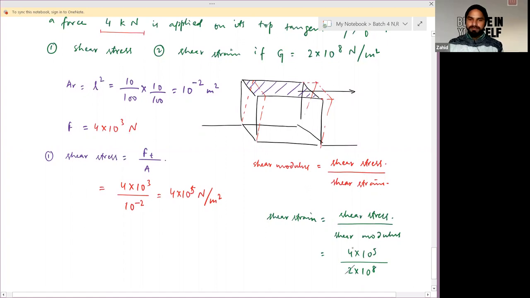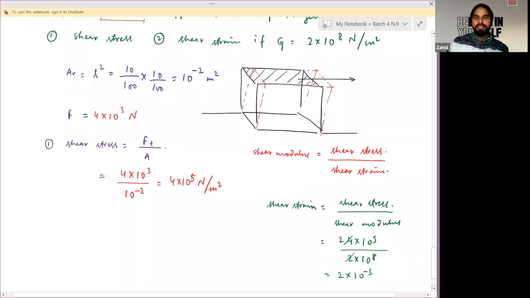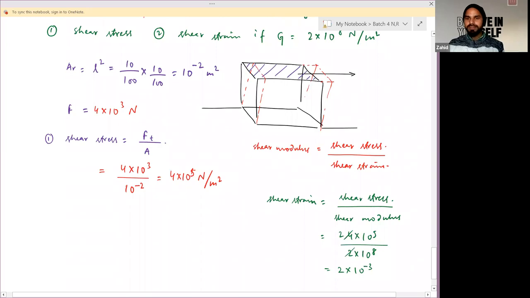So 2 into 2, it will be 4. And if we move 10 to the power 8 to numerator, it will become 10 to the power minus 8. You have already 10 to the power plus 5. So plus 5 minus 8, it will be 10 to the power minus 3. So you will get 2 into 10 to the power minus 3 as shear strain. And since it is unitless quantity, so there will be no unit.